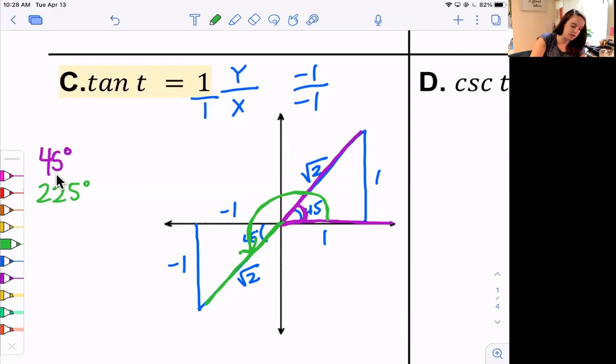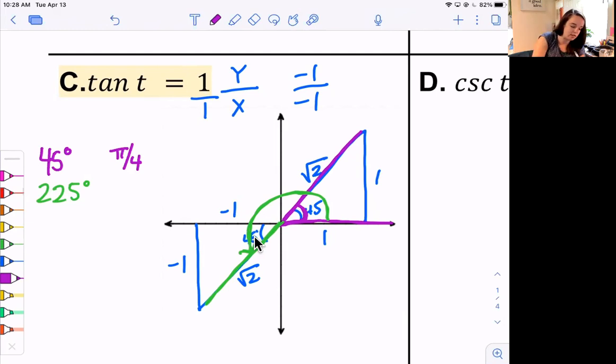All right, 45 is one of the ones we memorized. What is its radians version? Pi over 4, yes. Pi over 4. And then I'm thinking, okay, there's 4 of them. So 45, 45, 45, 45, and then another 45. So this is 1, 2, 3, 4, and a 5th one.